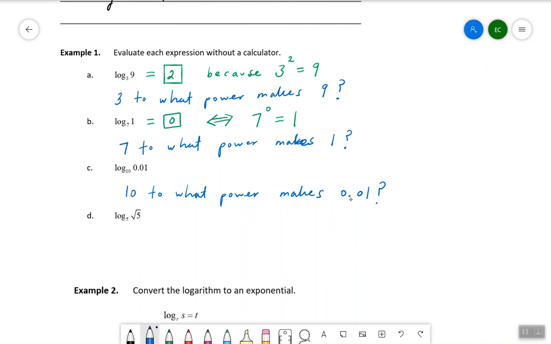You might think of 0.01 as 1 over 100. So that's 1 over 10 squared, or that's 10 to the negative 2. The answer is negative 2. That's the exponent that we need to put on 10. 10 to the negative 2 is the same as 1 over 10 squared, which is the same as 1 over 100, or 0.01.